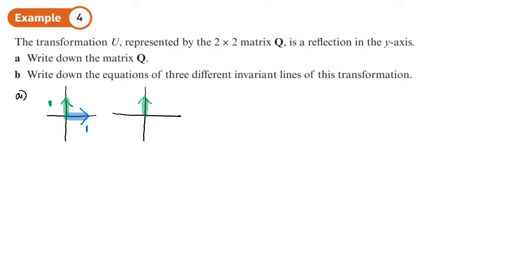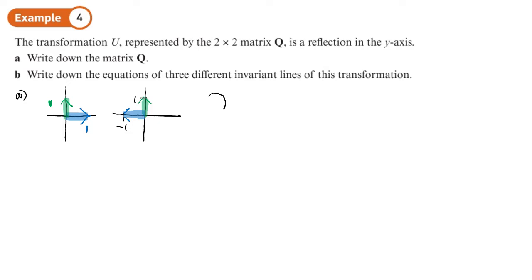That actually flips and goes this way, like this. So what's happened here? That is still 1 here, and this one is now -1. So if I want to write down the matrix Q, I just need to write down the coordinates of these points. I look at where 1, 0 and 0, 1 have gone.